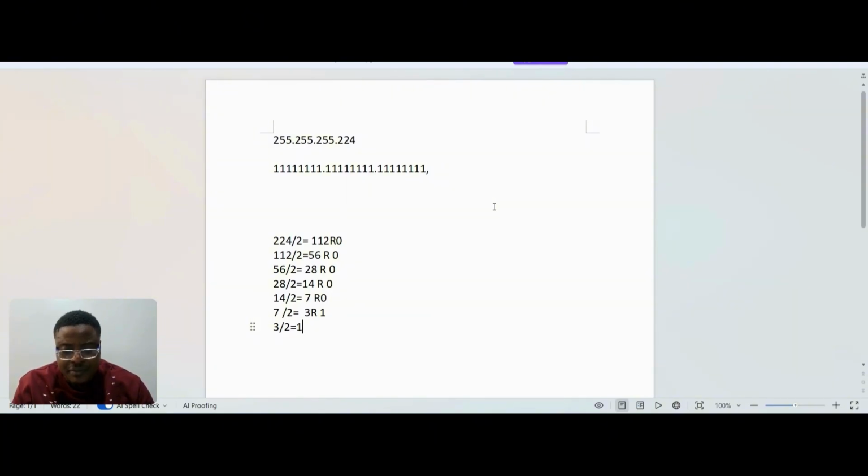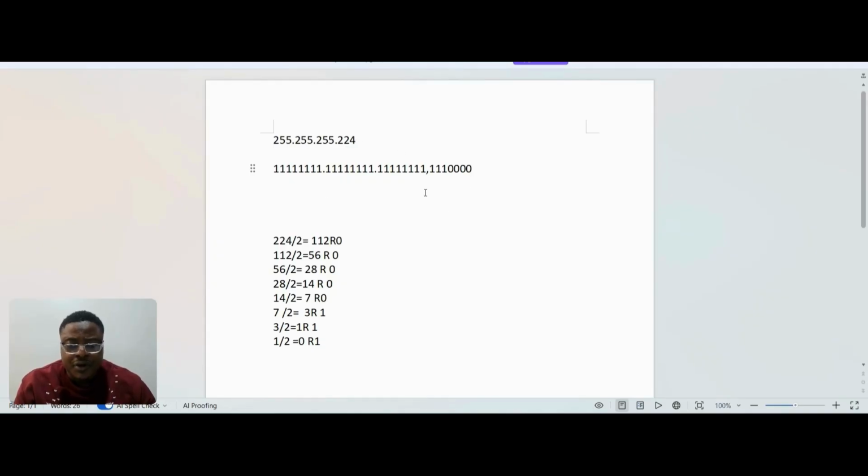So it will become 1, remainder 1. 1 divided by 2 equals 0, remainder 1. So you take the numbers from down to up. So 224 will be 11100000. That is the binary number of 224.